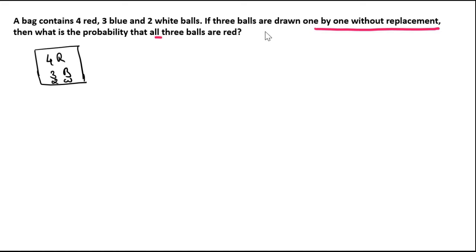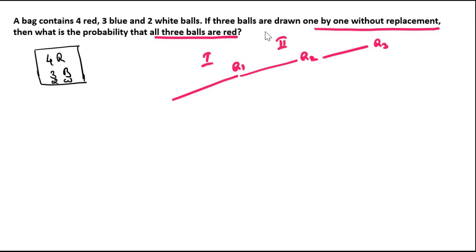Then what is the probability that all 3 balls are red? So first red, second again red, third also red. All 3 cases happen to be red. I am not marking all the other things, no need to write that.